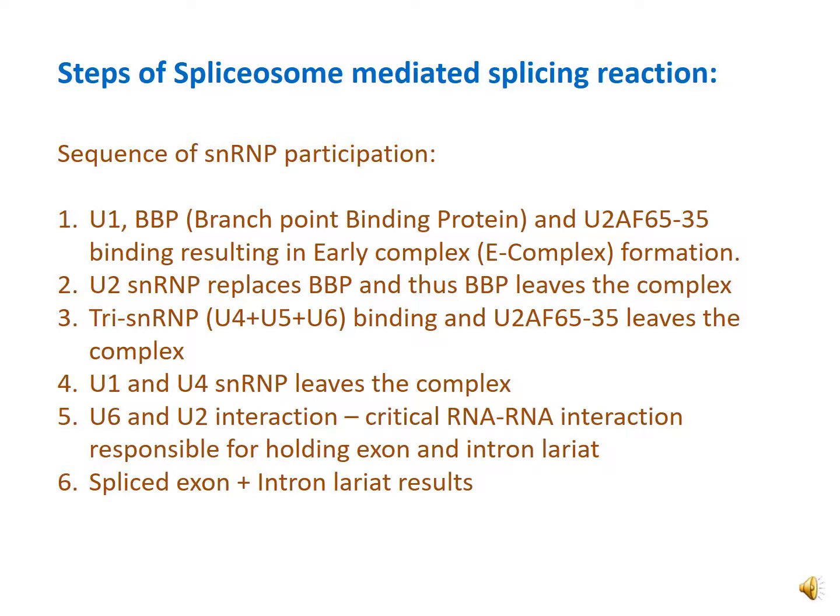This is followed by U2 snRNP, which replaces the branch point binding protein bound to the branch site adenine. So the branch point binding protein leaves and U2 replaces it at the adenine site.